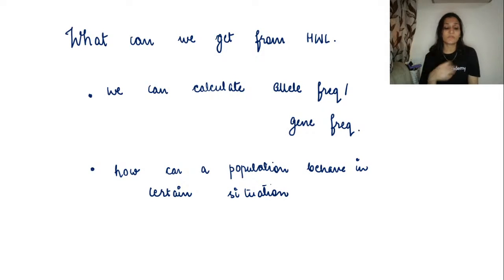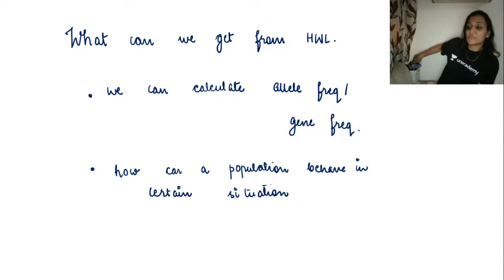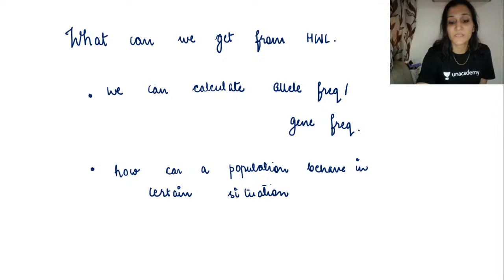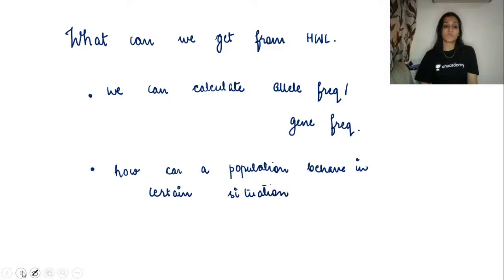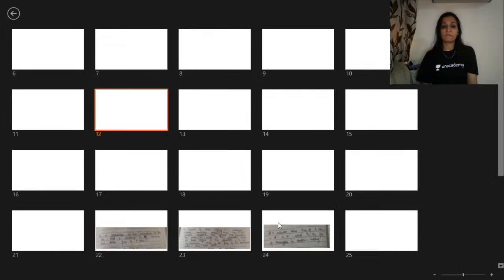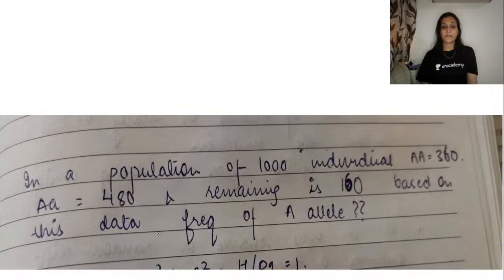Now, as I told you in the starting, Hardy-Weinberg's law is a small law, and moreover, the questions asked from it are based on numericals, right? So we'll be doing the numericals. I have selected some of the numericals for understanding.